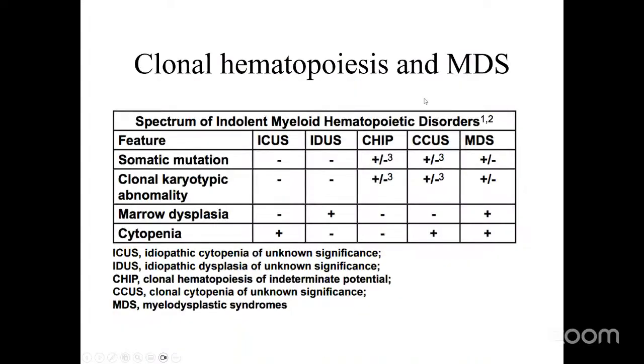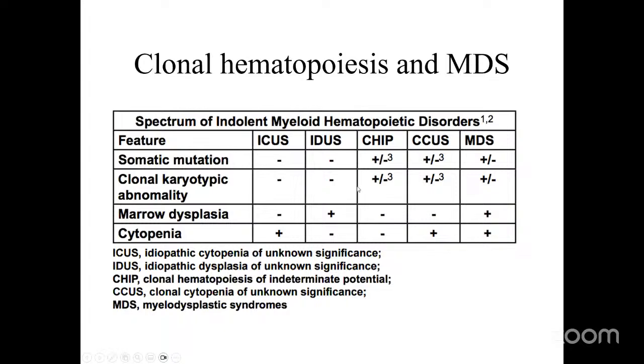Sometimes we encounter cases in which the disease is not overt, and these are clonal hematopoiesis. So when do you call it MDS? For MDS, you require a clonal mutation or clonal karyotypic abnormality, dysplasia, as well as cytopenia.